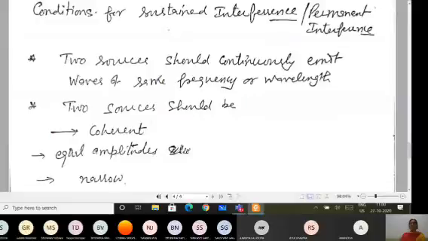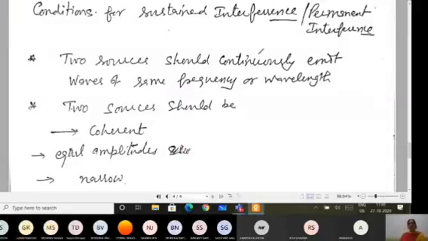And maybe you have noticed the interference pattern in day-to-day life also, like we are able to see the colors of a thin film when some oil is sprayed on the water. You are able to see the colored fringes, and that can be even if I use white light as a source.